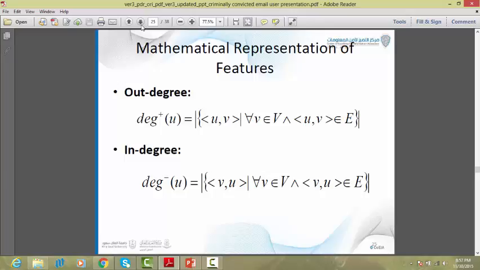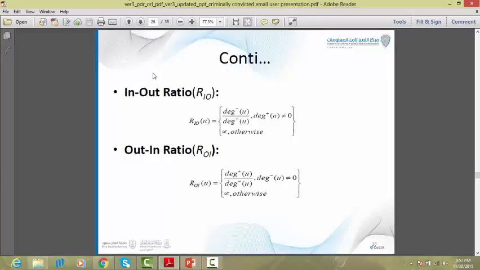We can see that both are reciprocal functions. Please take note of it. The next is in-out ratio and out-in ratio. This is the formula which we have used here.